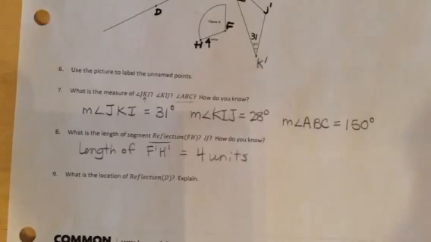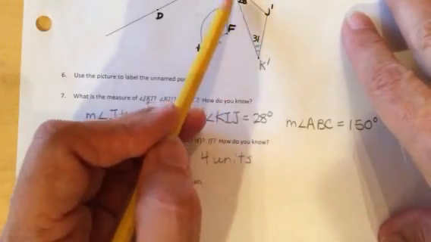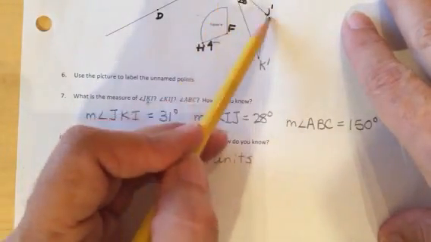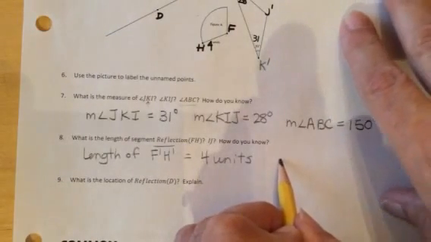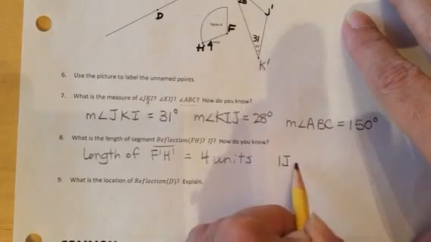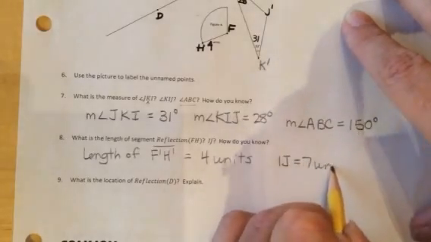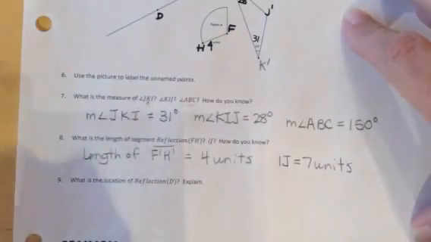I don't see the label on mine. Oh yeah, I do. Never mind. It's 7 right here. So I prime, J prime is 7. Therefore, IJ had to be 7. So the length of IJ is equal to 7 units. Okay. Wow, this is taking me a while.